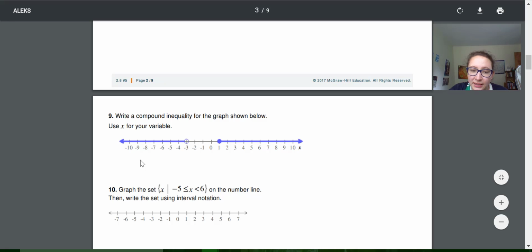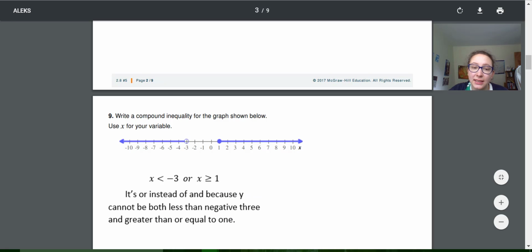So we know x is strictly less than negative 3. Sorry, that's a negative 3. And then we have right here that x is greater than 1, but the filled in circle means it also could be equal to 1. So we have x is greater than or equal to 1. So x is less than negative 3, or x is greater than or equal to 1.